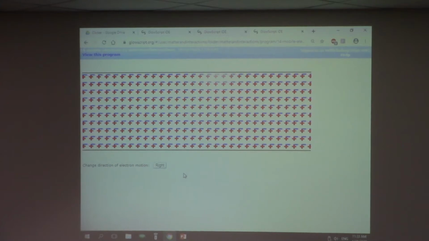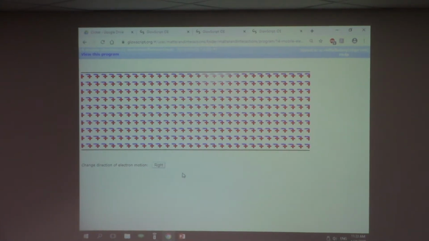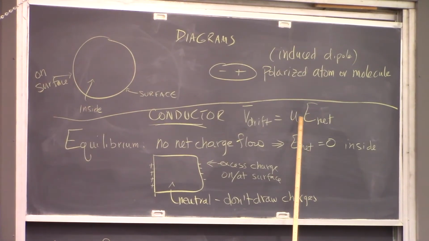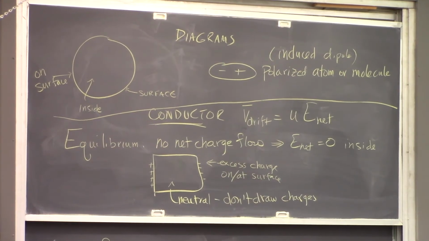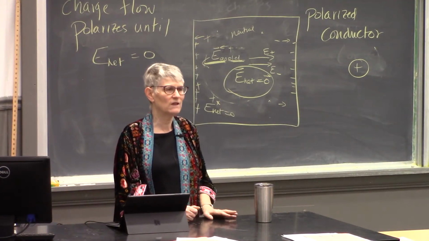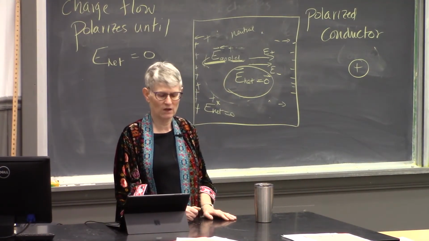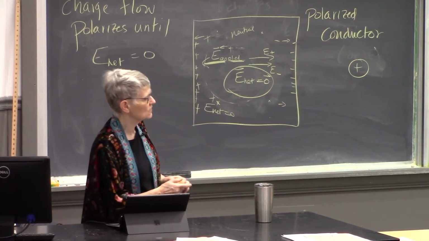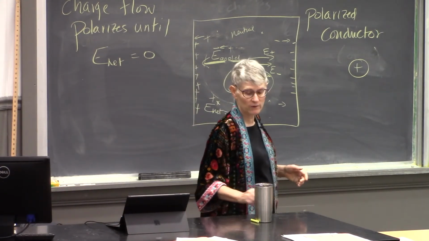And it's still the case that the average drift speed of these electrons is given by the mobility of the electrons, which is a function of the particular material, times the net electric field inside the metal. And because the mobilities of electrons in metals tend to be fairly high, we don't need very big electric fields to make currents flow, but we still need some. So why do we need some?